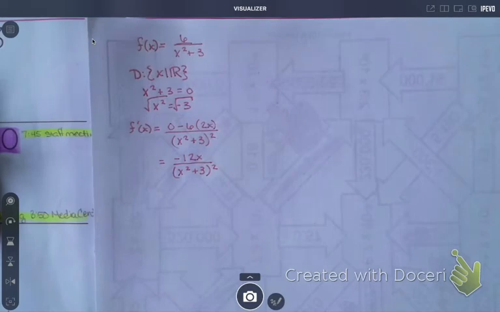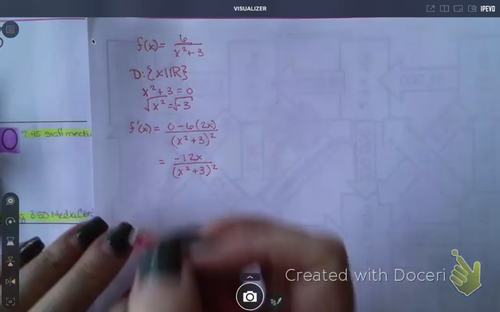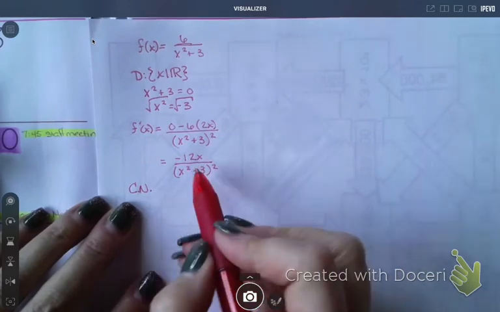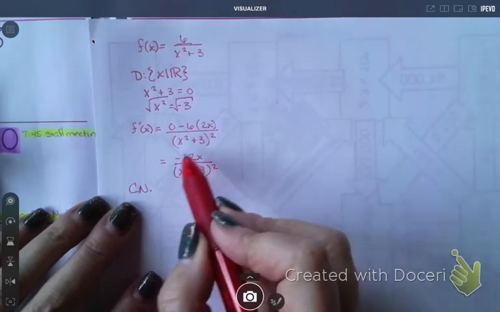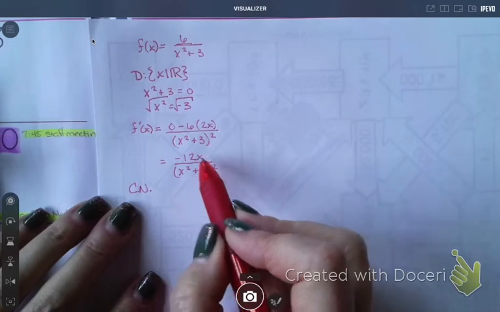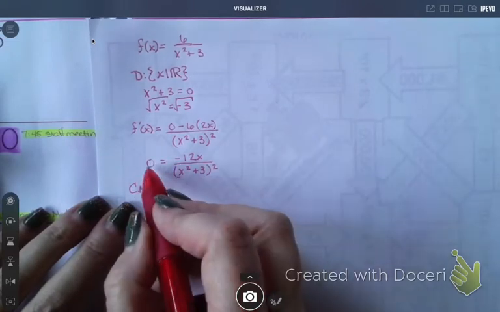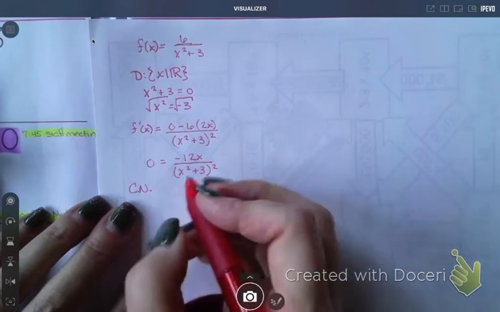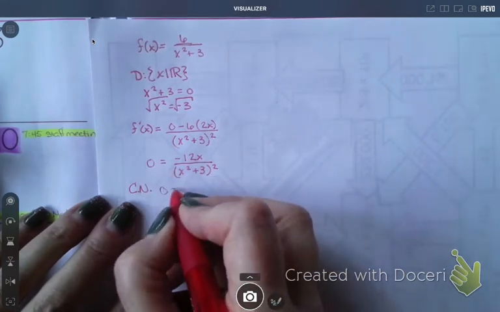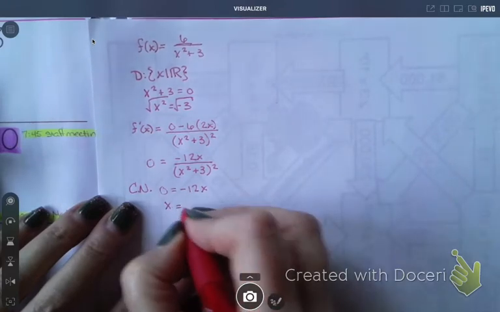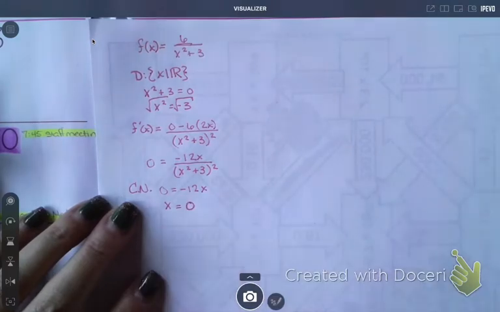Okay, so I need to get my critical numbers now. How do I find my critical numbers? Set it equal to 0. So I'm labeling my work as I do this. Now, when I set this equal to 0, do I need to be worried at all about the denominator? No. Because when I multiply the denominator over by 0, I'm still going to get 0. So I get 0 equals negative 12x. So x equals what? 0.